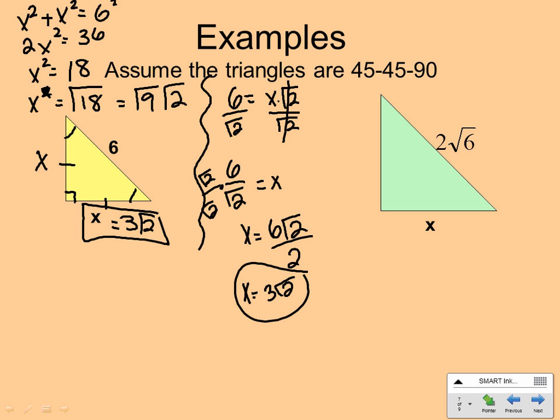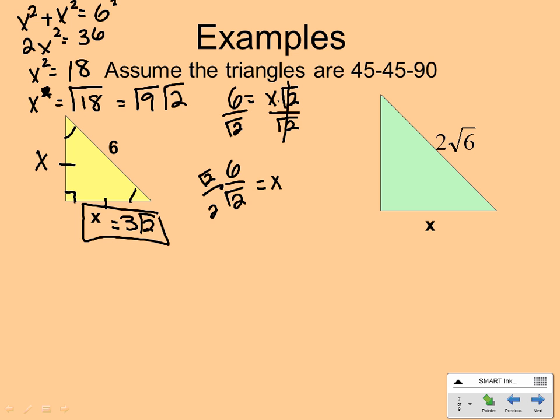I'm going to erase this stuff. So now you're still finding another side, but now your hypotenuse is a little different. So you got to be careful when you go and square this.